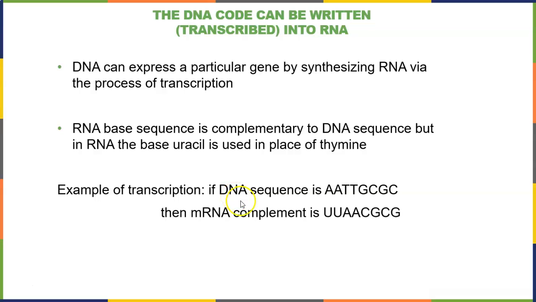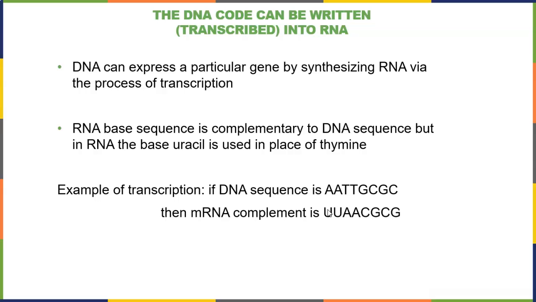Now, when mRNA, which is the messenger RNA, is made, it's basically going to be a copy of that half of the DNA. So if this is the DNA sequence that has now been opened up so that the copy can be made, and one side of it has these base pairs, A, T, T, G, C, G, C, then the new strand, which is going to be the messenger that's going to get out of the nucleus, is going to complement this. Normally adenine on DNA would pair with thymine, but this is where that other one I told you about comes in.